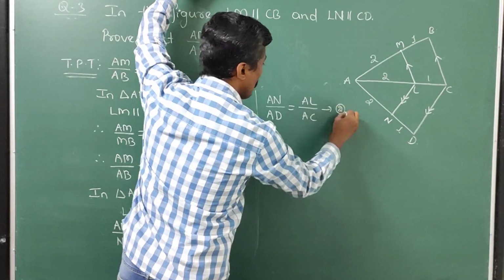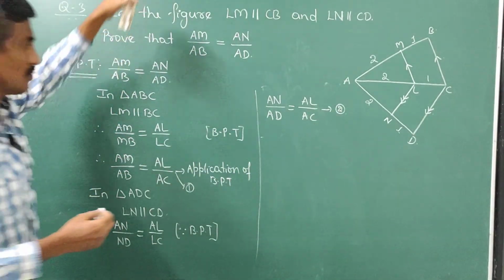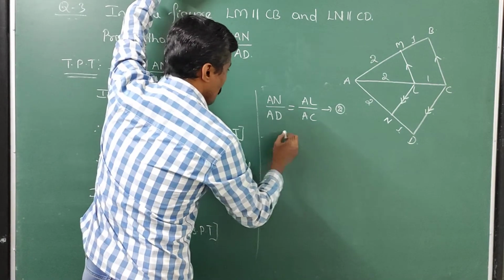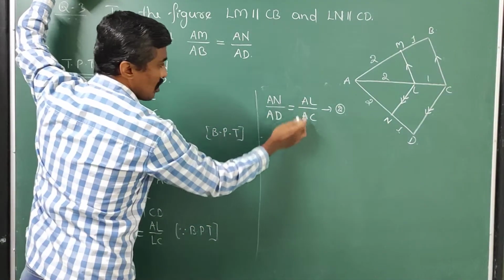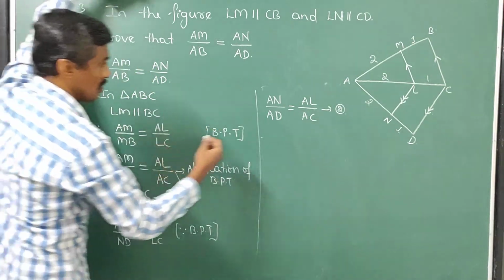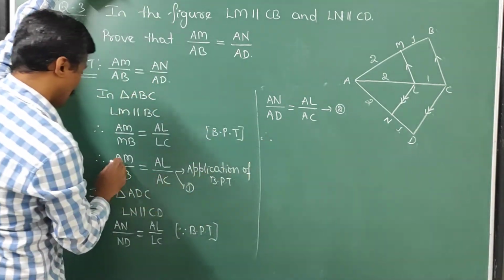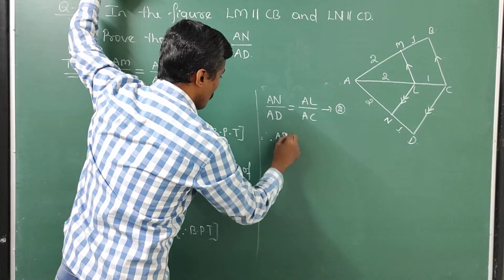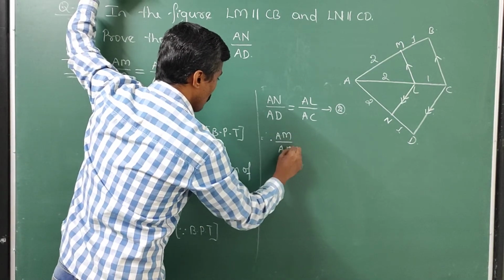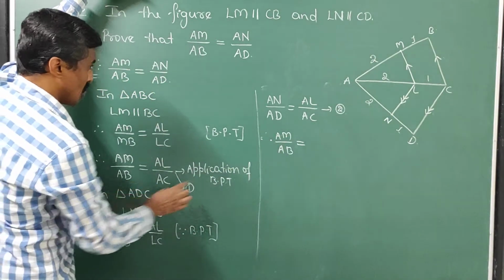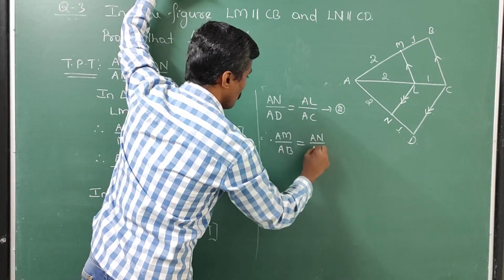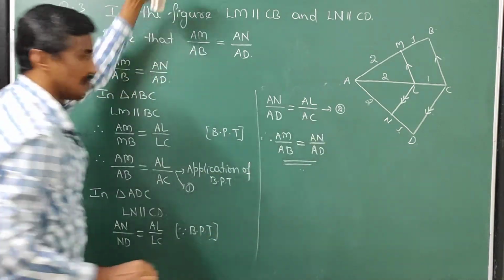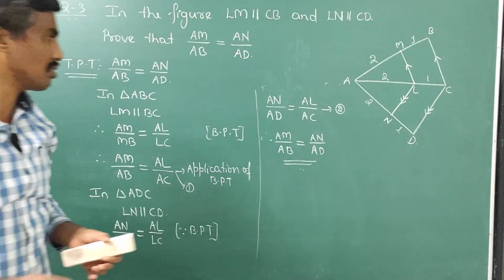This is point number 2, once again an application of Thales theorem. Observe equations 1 and 2 now: AL divided by AC here, and also AL divided by AC. The right hand sides are equal, so the left hand sides are equal: AM divided by AB is equal to AN divided by AD. Like this you can answer directly if the question asks for 2 marks.